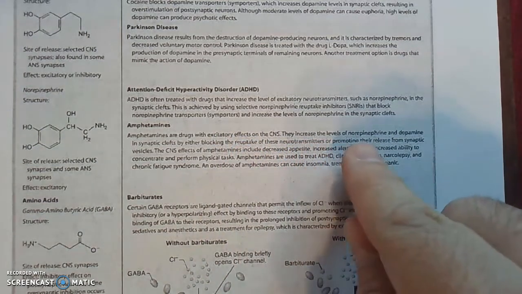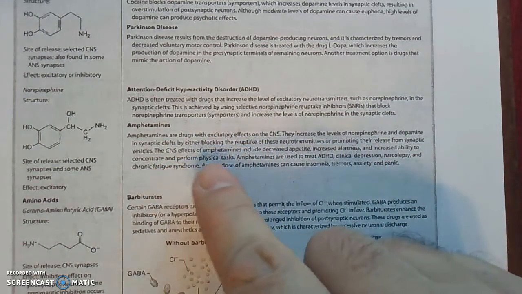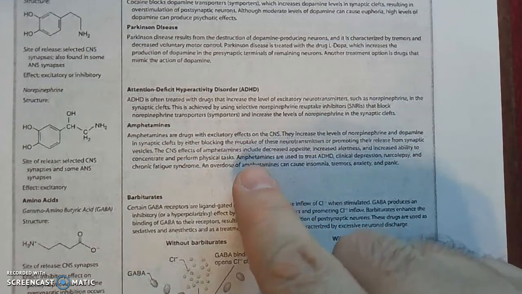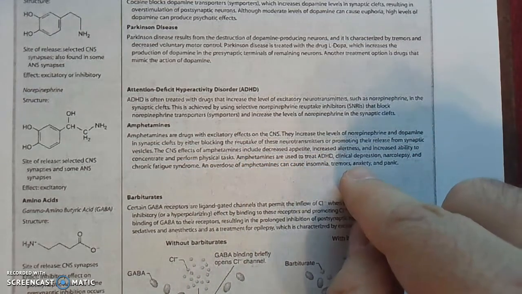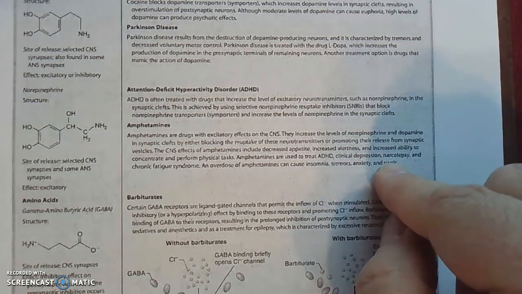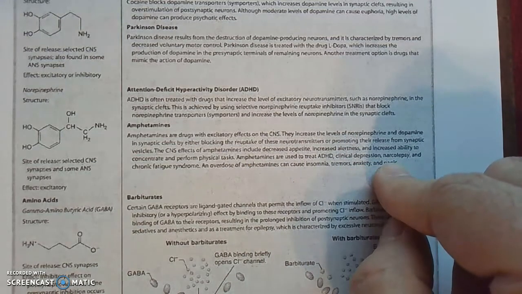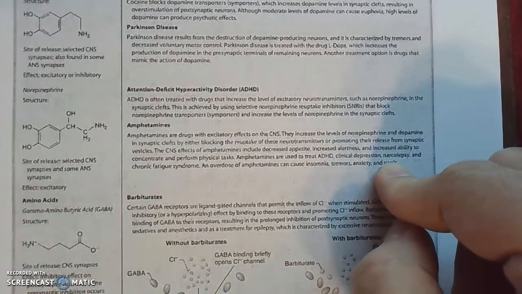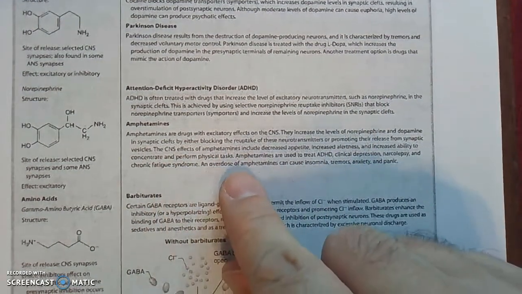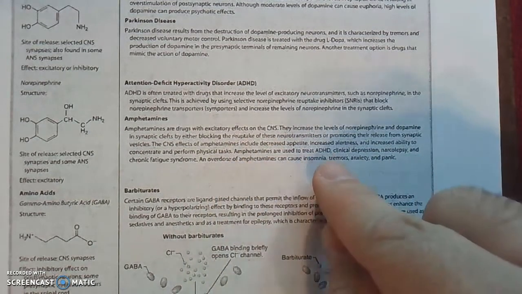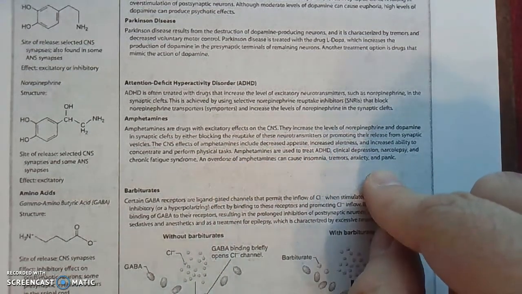They increase levels of norepinephrine and dopamine by blocking the reuptake. So amphetamines can be used to treat ADHD, clinical depression, narcolepsy, which is a disorder in which people fall asleep at any given time. They could be talking to you and then fall asleep. And chronic fatigue syndrome. But an overdose of amphetamines can cause a lot of different symptoms too.